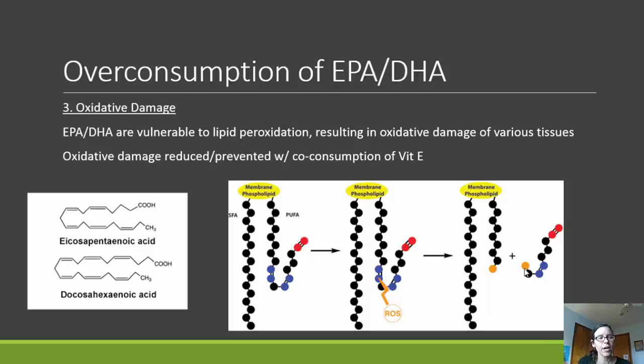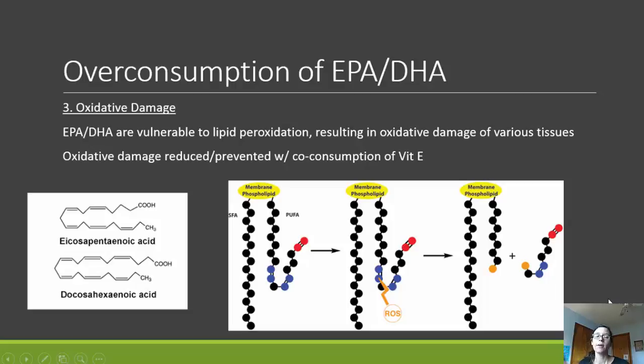And then third, we know that unsaturated fatty acids are vulnerable to lipid peroxidation because they have these double bonds. And this can result in oxidative damage in various tissues. Here we have a nice little figure where we have a PUFA with a few different double bonds, and then a reactive oxygen species that reacts with this double bond here, and then we have free radicals that are left.